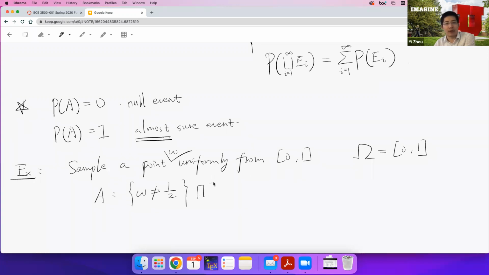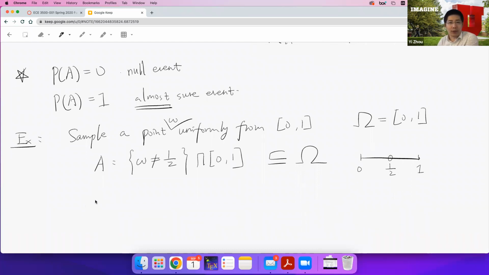Event A corresponds to the case where the sampled point is everything within this interval except for the middle point, 1/2. It is simply this interval excluding the middle point. This is a subset of omega. Therefore, this A can be called an event.